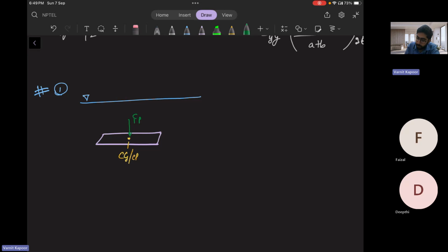And the pressure, if I draw like this, this is the pressure which is acting here. Suppose x bar and h bar are equal.